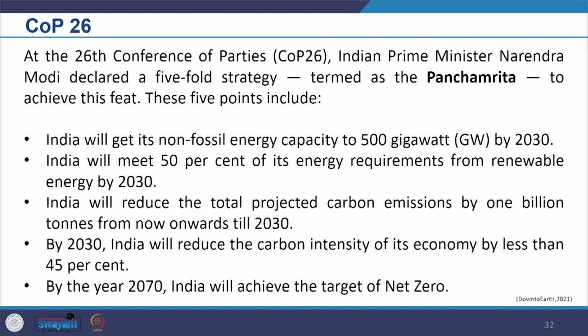And by 2030, India will reduce the carbon intensity of its economy by less than 45%. So, that is what we are committing. By the year 2070, India will achieve the target of net zero. So, you would look at such commitments to really evaluate our position.